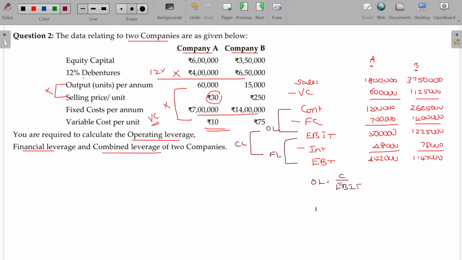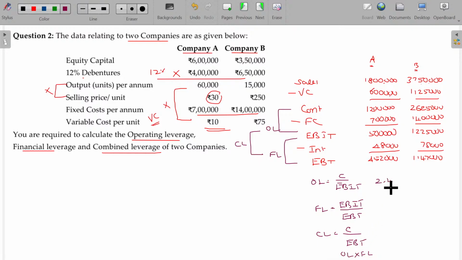And financial leverage being EBIT by EBT. Combined leverage being contribution by EBT. Otherwise, it is nothing but operating leverage into financial leverage. That way also you can get the same answer.